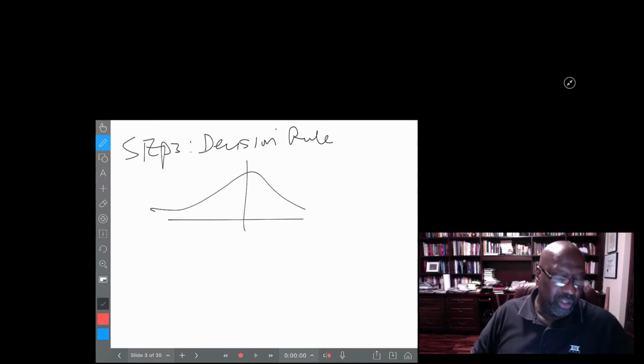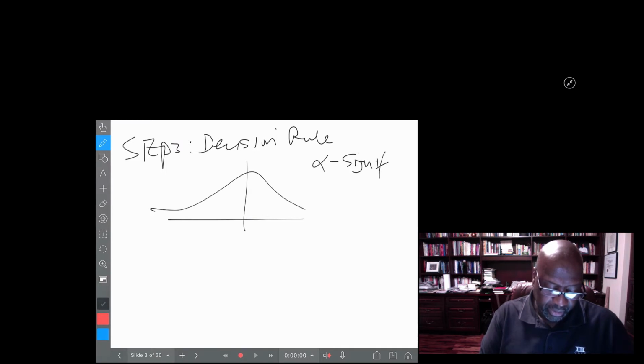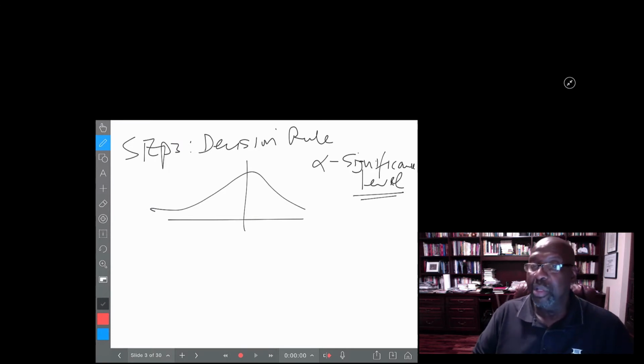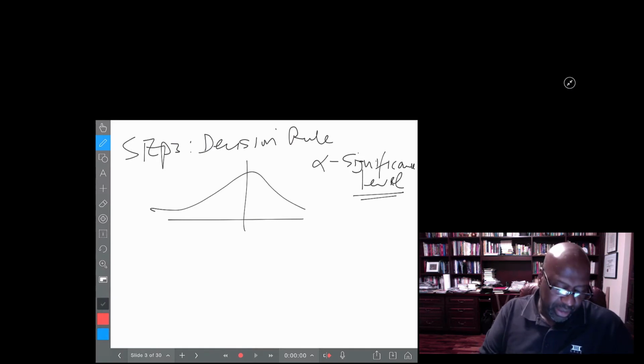So with the decision rule, what we do is we have a parameter called alpha. Alpha is our significance level. What alpha does for us is that it controls the risk of committing a type 1 error. All right. In other words, it creates for us under the diagram what we call a rejection region.